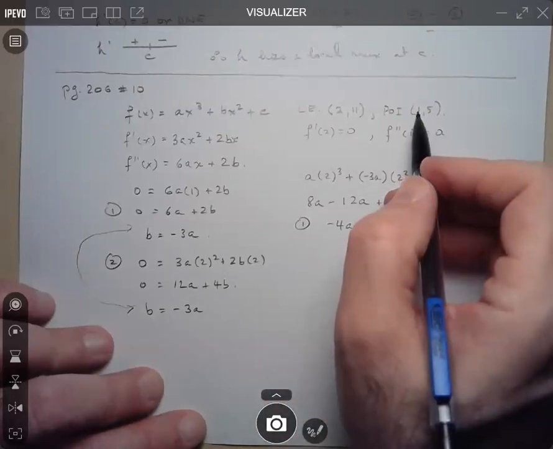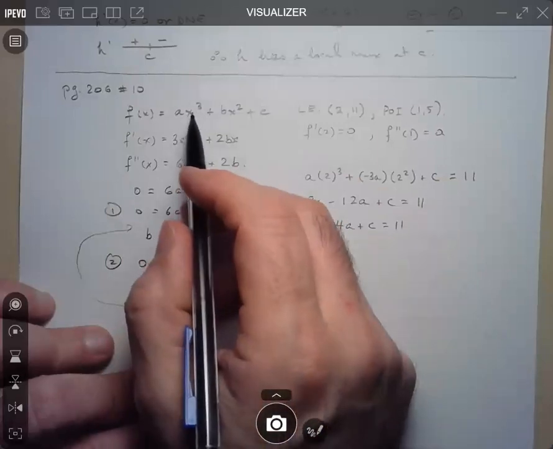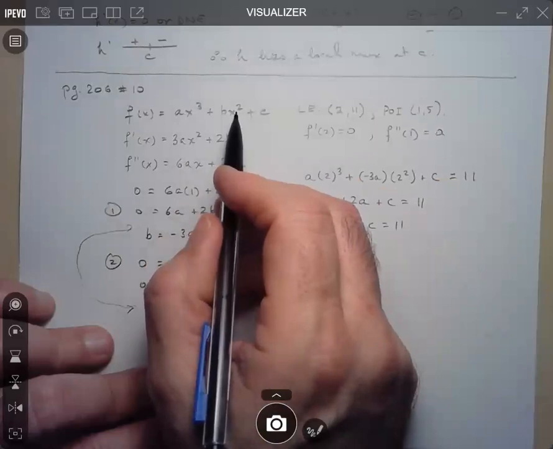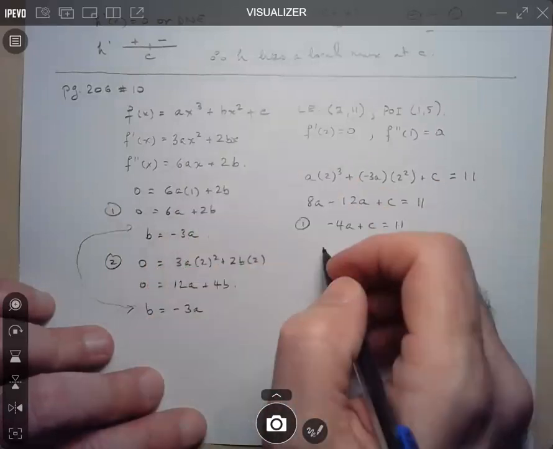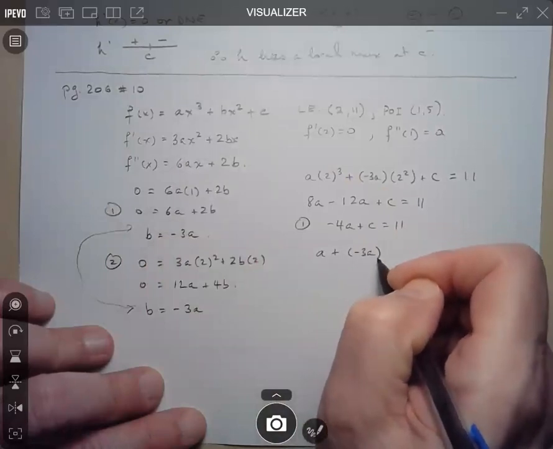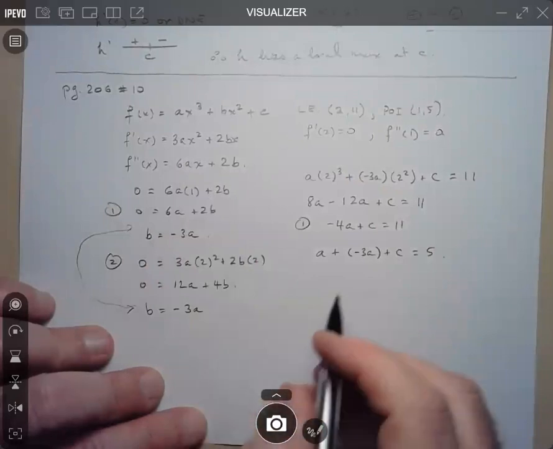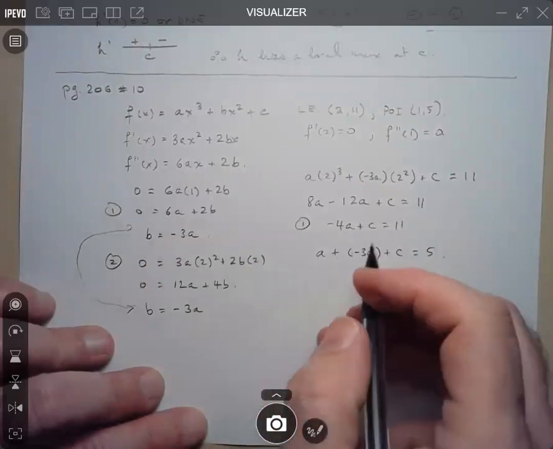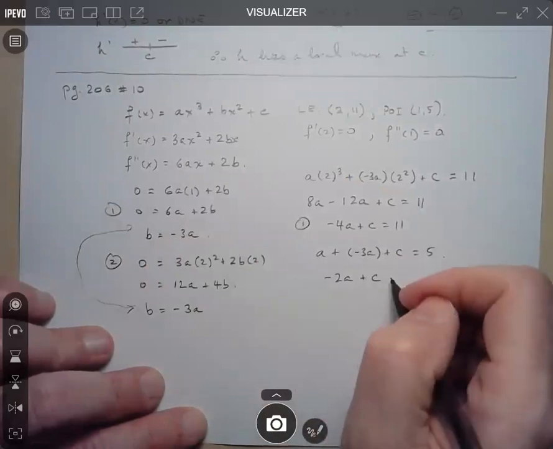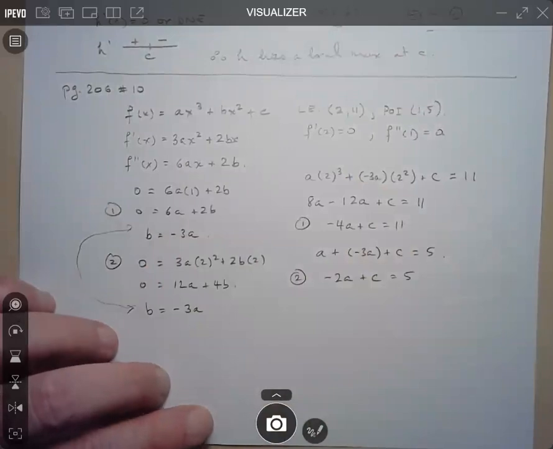So now I'll input 1 into here. These are both going to be 1, since 1 cubed and 1 squared is 1. So I'm just going to have a plus b, which is negative 3a, plus c is equal to 5. If we clean this up, 1 minus 3, so negative 2a plus c is equal to 5. And there's my second equation.